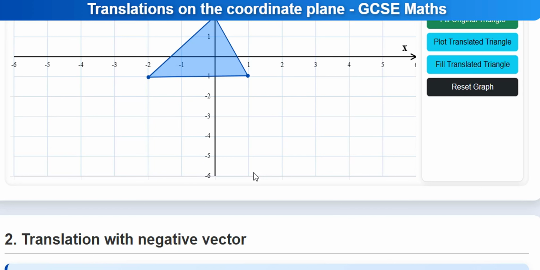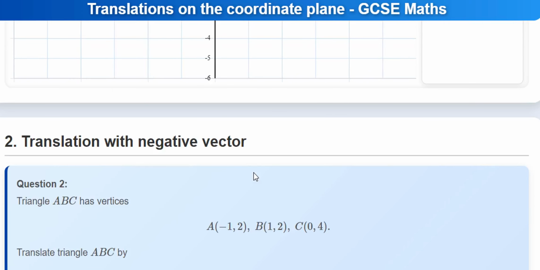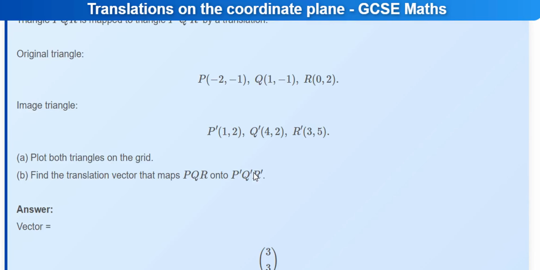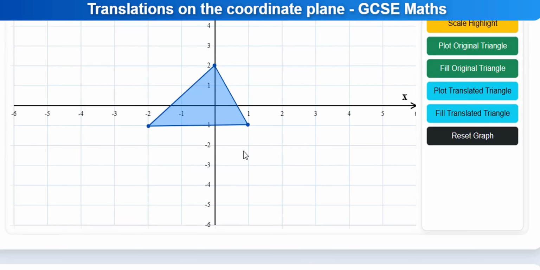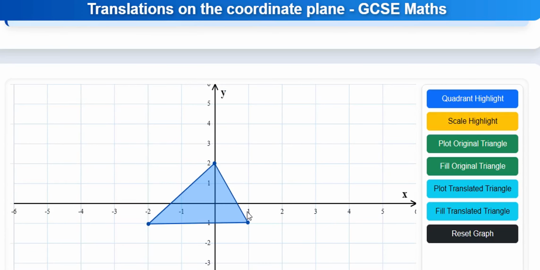Then it is translated by a certain translation factor, which we don't know, and the new coordinates of the translated triangle become these ones. We are also supposed to plot them in the coordinate plane. So we have 1, 2. Let's plot them: 1, 2, somewhere there.